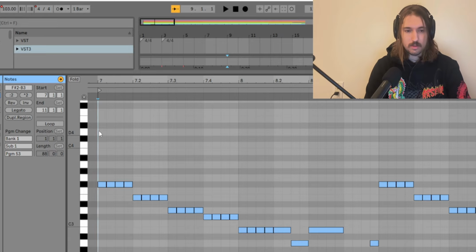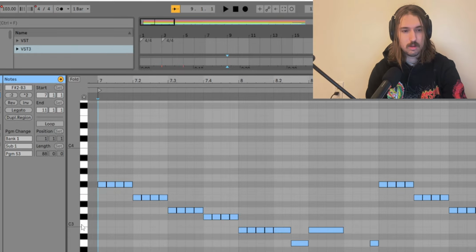All right, so if you can see here, this is called a piano roll. And you can see these are the notes. These are the notes on the piano.